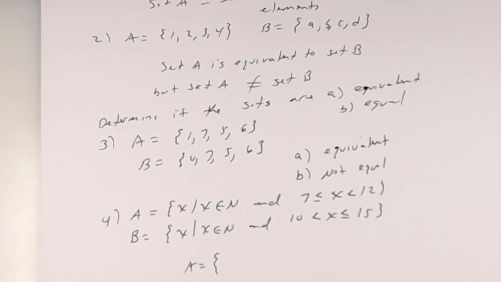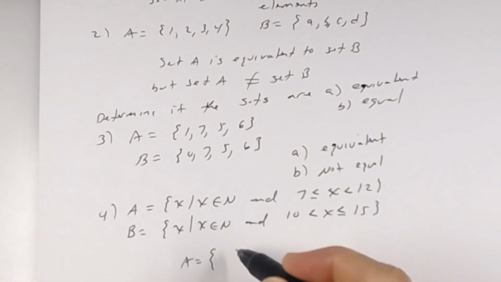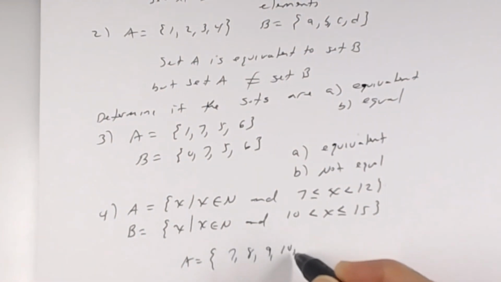Noah, what elements would be in set A? 7. What would be the members of set A? 7. What else? Oh, wait. 8, 9, 10, 11, not including 12. Not included. Okay? So your roster would be 7, 8, 9, 10, 11.